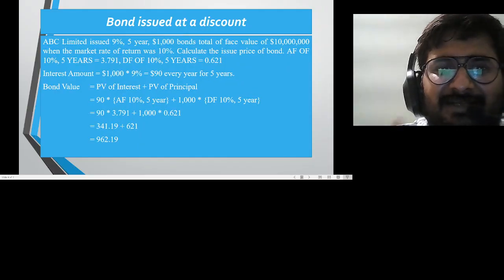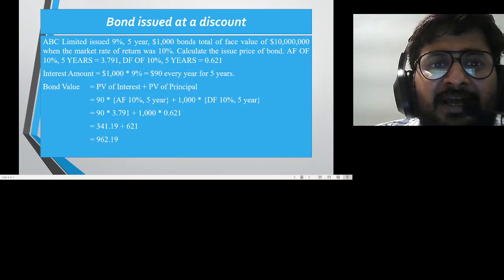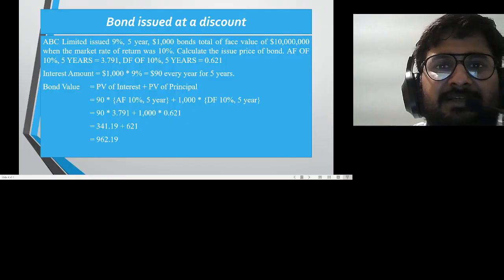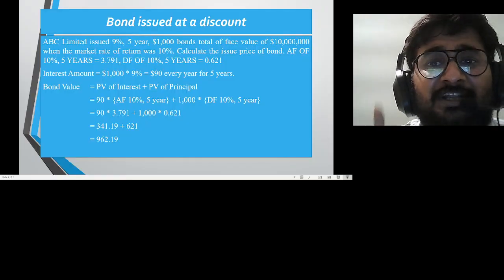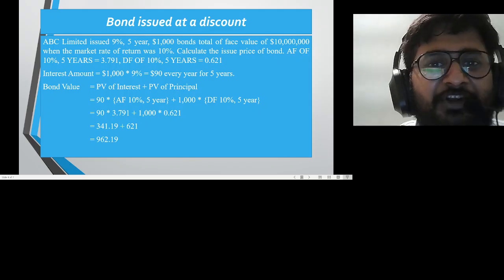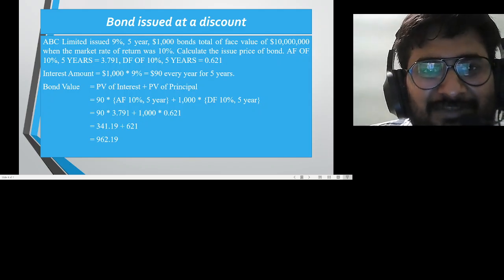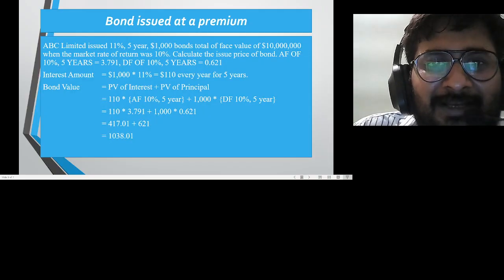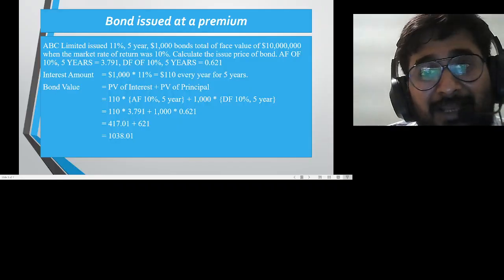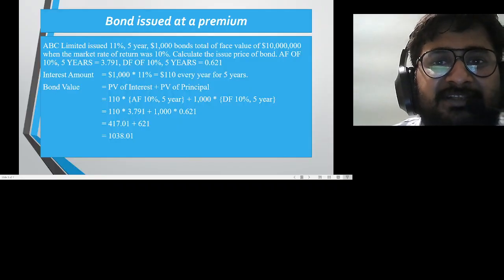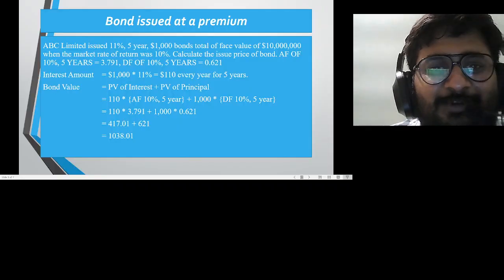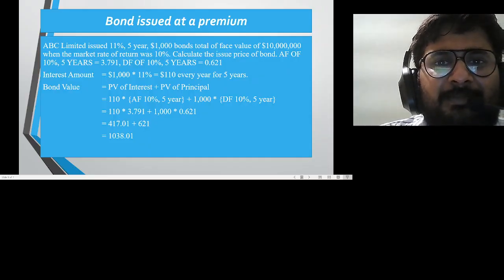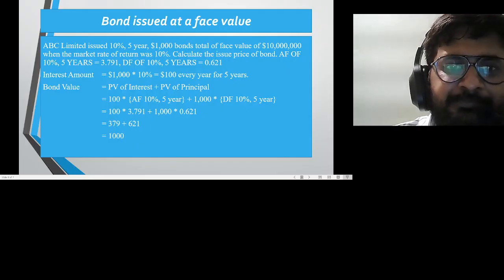In the previous example, when you were offering 9% and the market was offering 10%, people bought it at a discount because the market will ensure everybody earns the market rate of return only, that is 10%, on this bond also. In this case, you were offering more than the market, 11%. Again, the market has to ensure that everybody earns 10% only, and the cash flows are fixed. How do I ensure that? The bond will be issued at a premium. The market takes care of it.